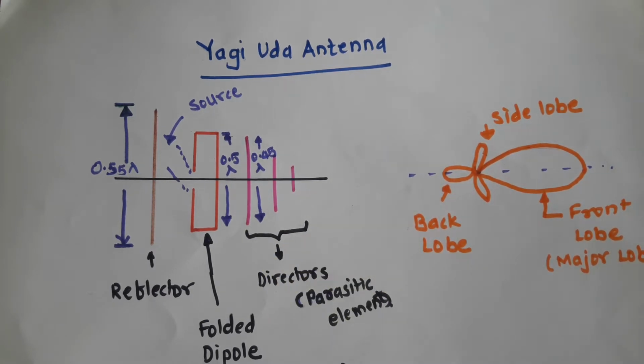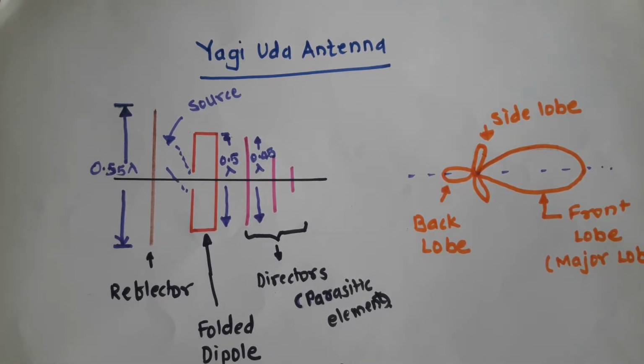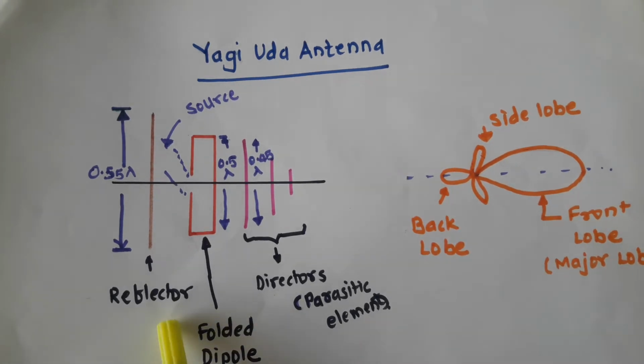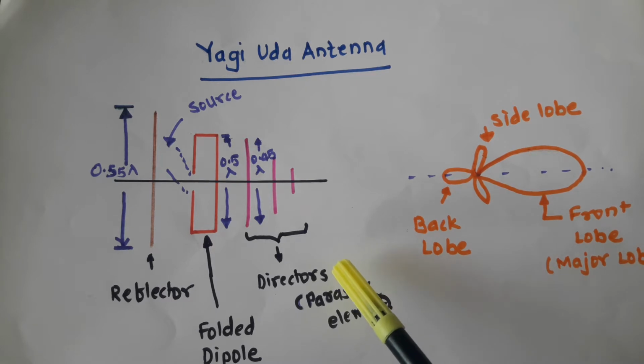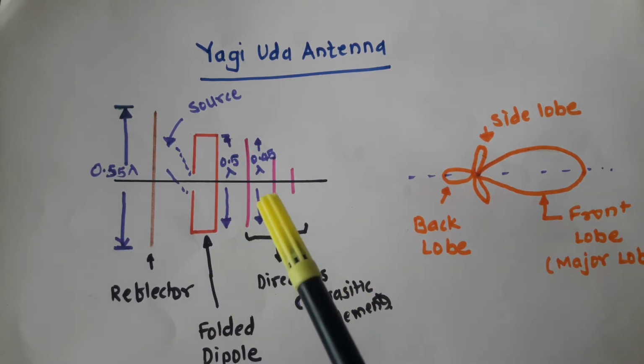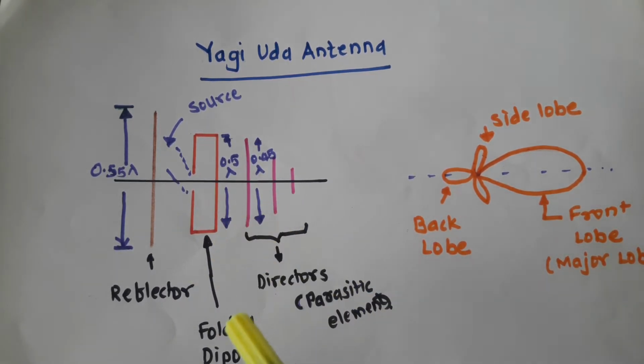As per the requirement of the application, we can use n number of directors in the Yagi Uda antenna. Maximum 6 to 7 directors are preferably used. So the Yagi Uda antenna contains 3 basic elements: the reflector, the folded dipole, and the director. The directors may be one or more than one, right?